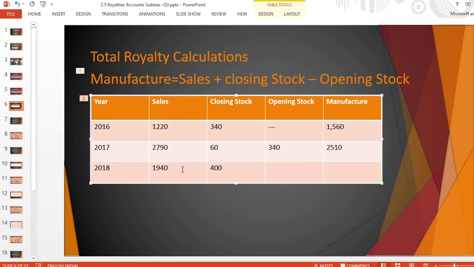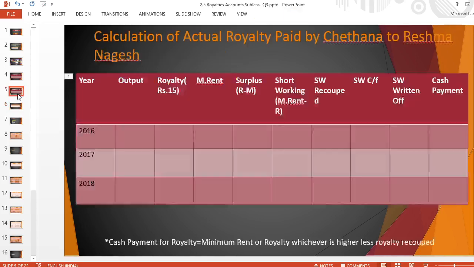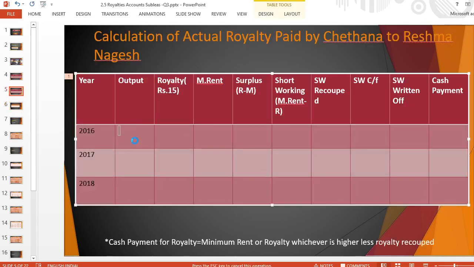And in the last year 1940 plus 400 minus opening stock 60, so the result is 2280. Now I'll copy the same thing, manufacture, to the second royalty table here: 1560, 2510 and 2280.